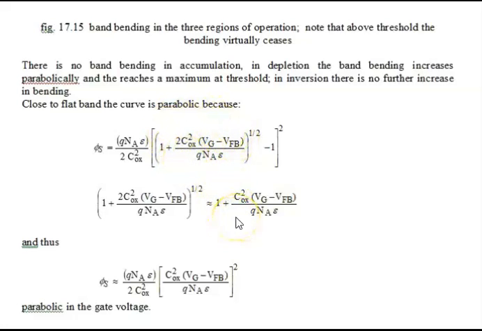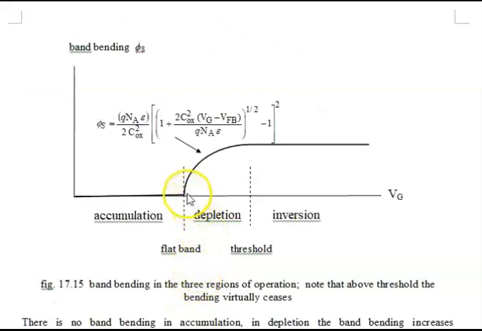And we stated that in our last session. That's a relatively straightforward expansion. So if we do that expansion, we find immediately that the band bending is parabolic in Vg. So that is basically what we're saying here.